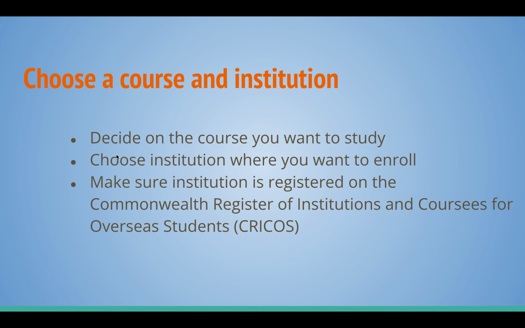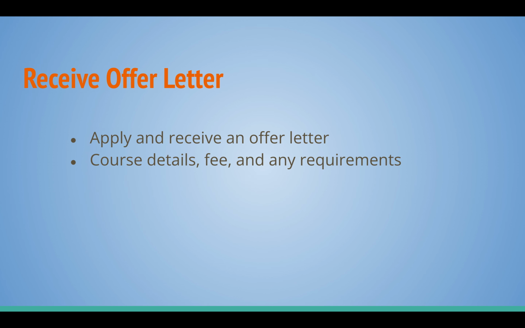Decide on the course, choose the institution where you want to enroll, and make sure the institution is registered on the Commonwealth Register of Institutions and Courses for Overseas Students. You can simply Google and find that information about the college.